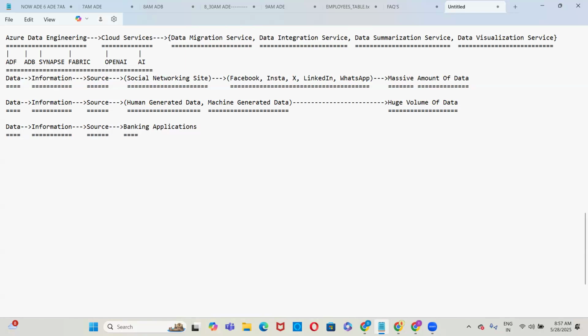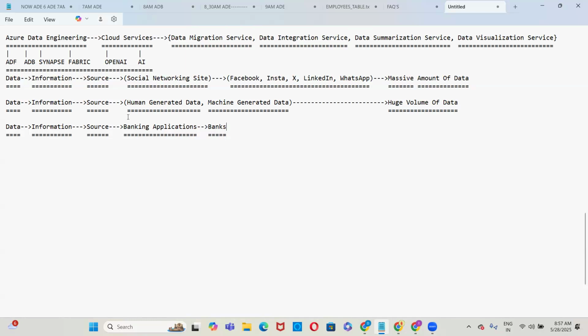We can get the data from banking applications. That means the applications used at the banking sector level. Banking applications are used at the banks and all the financial sectors.